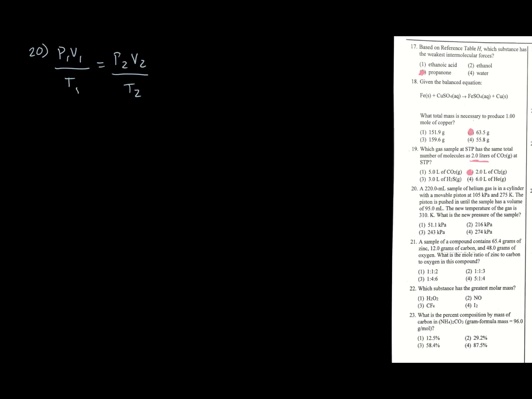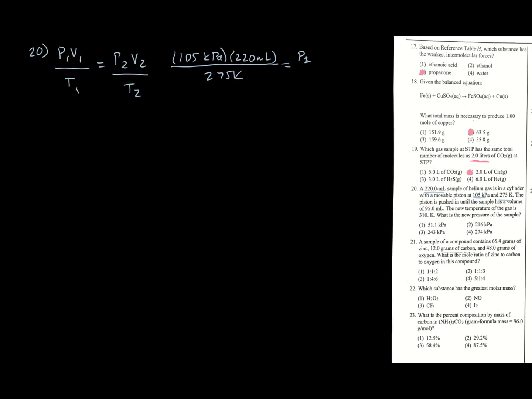So our initial pressure is 105 kPa times our initial volume of 220 ml over our initial temperature of 275 K equals, on the other side, we're looking for our new pressure, so that's still there, P2.